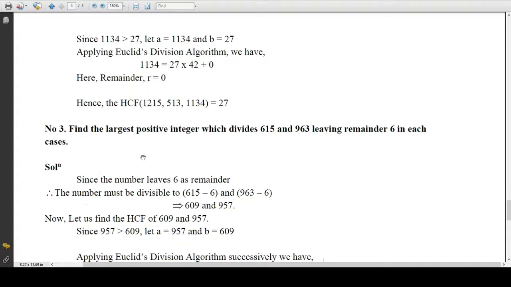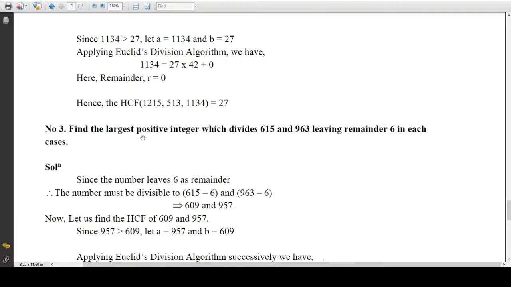Okay. Now we have to understand this. The largest positive integer which, when dividing this number and this number, leaves remainder 6. That number cannot divide 615 and 963 exactly, because it is leaving a remainder. Therefore, if you subtract 6, the number should be divisible into 615 minus 6 and 963 minus 6. That means 609 and 957.